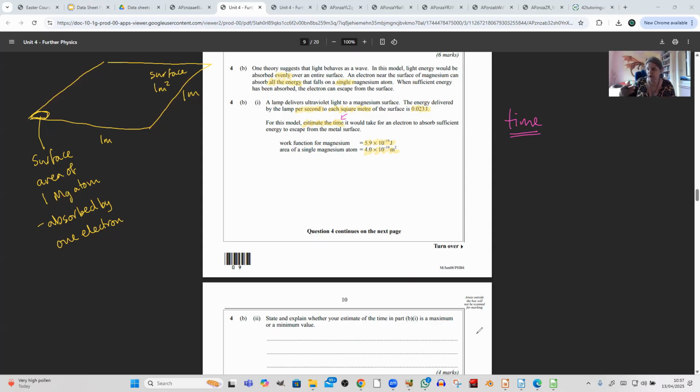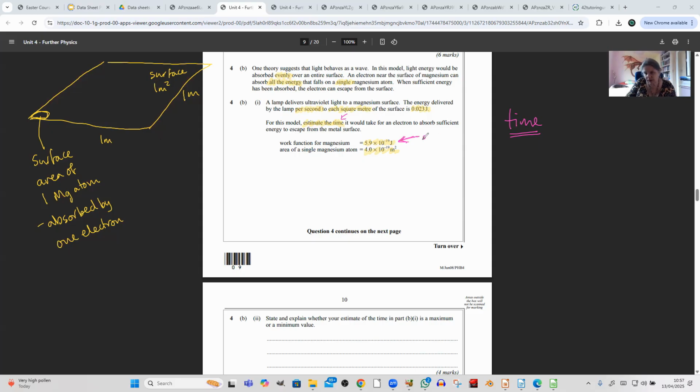What's the next thing? What equations relate to this? What's going to give us our answer here? And they've given us the work function. Okay, so that is the energy necessary to lift an electron from where it is in an atom to the surface so that it can leave.